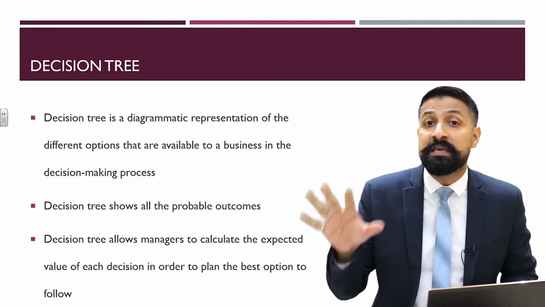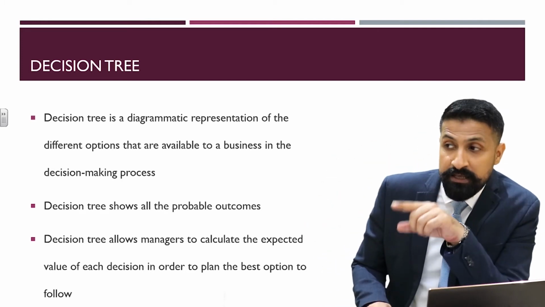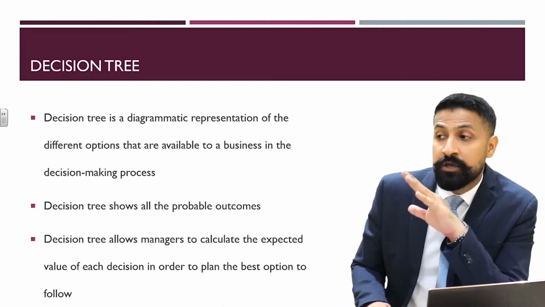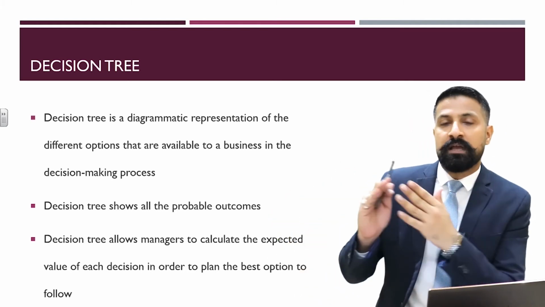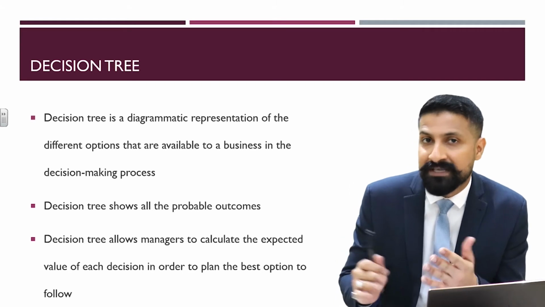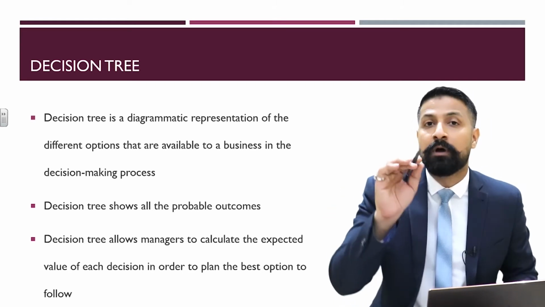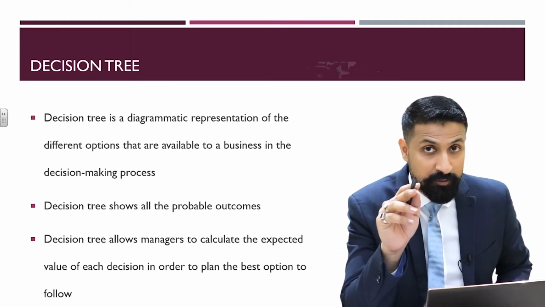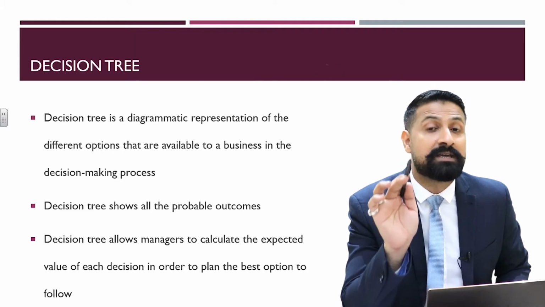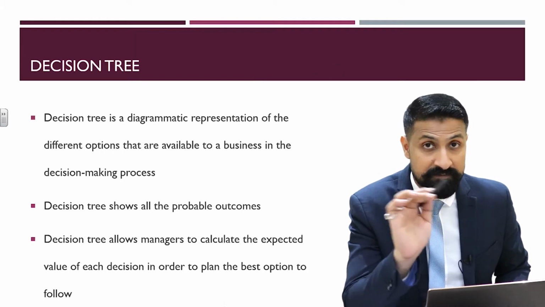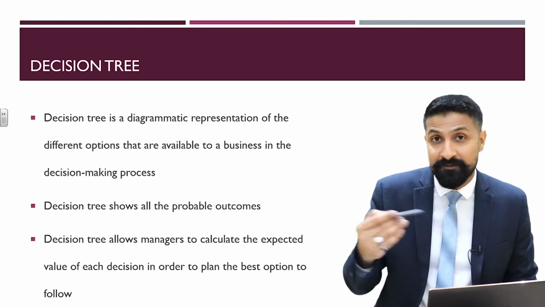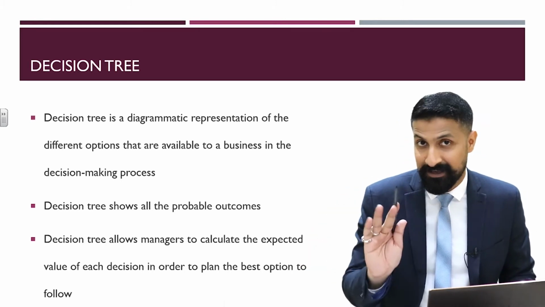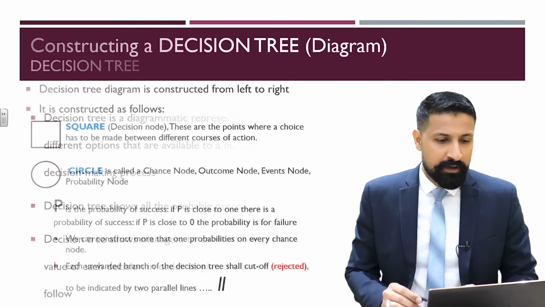Expected value of each decision. If you sell your asset today, then this is the expected value. If you sell your asset tomorrow, for example, this is the expected value. If you remember, I explained earlier that decision tree is a quantitative tool that businesses use to evaluate different decisions. Getting my point? Moving on.